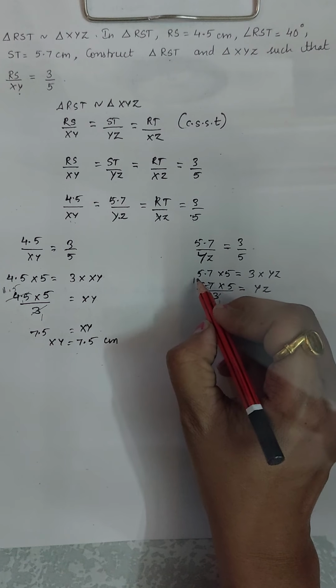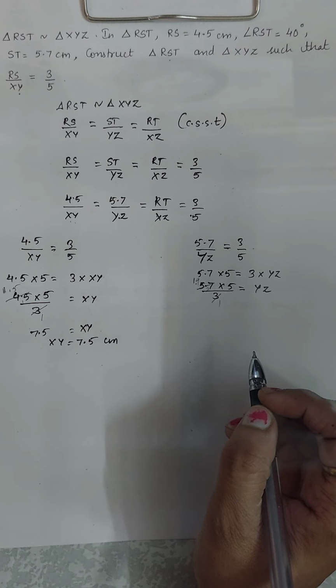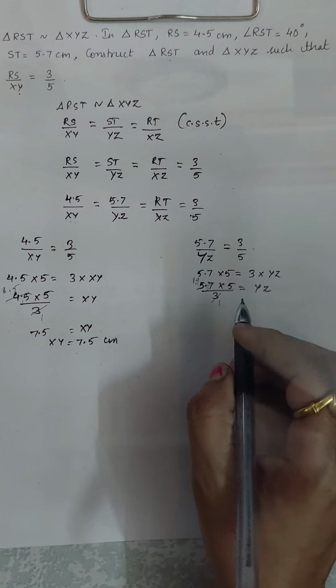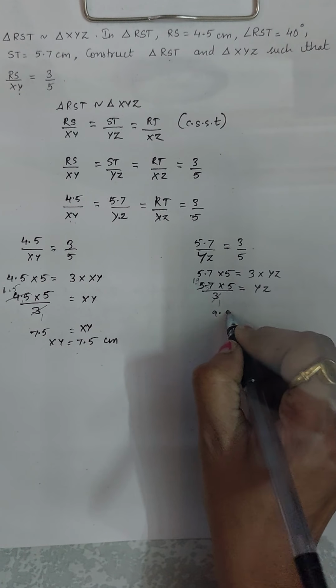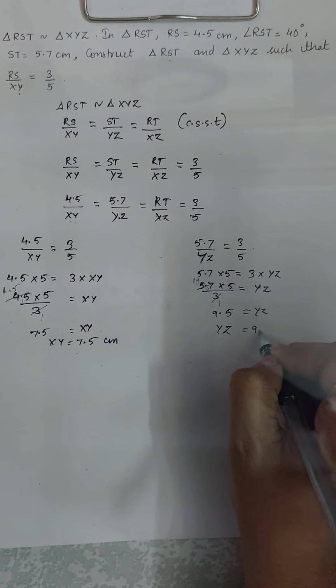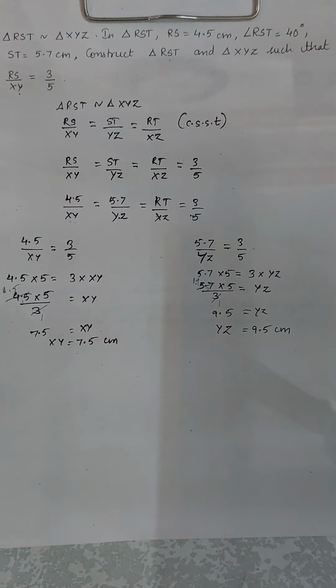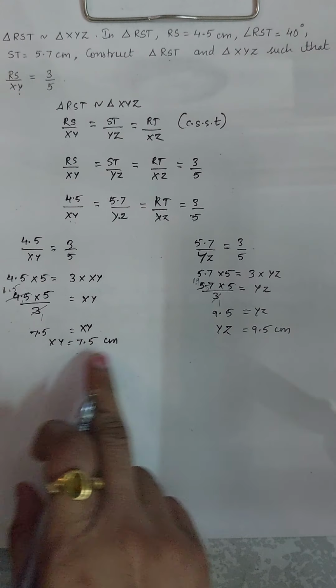This remainder will be 2. 3 9s are 27. So this will be 1.9 into 5, and 1.9 into 5 will give you 9.5 is equal to YZ. So YZ is going to be 9.5 centimeter. Okay. So we have got two measurements.